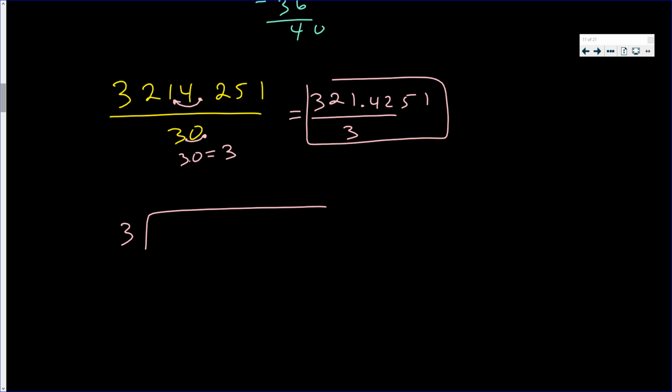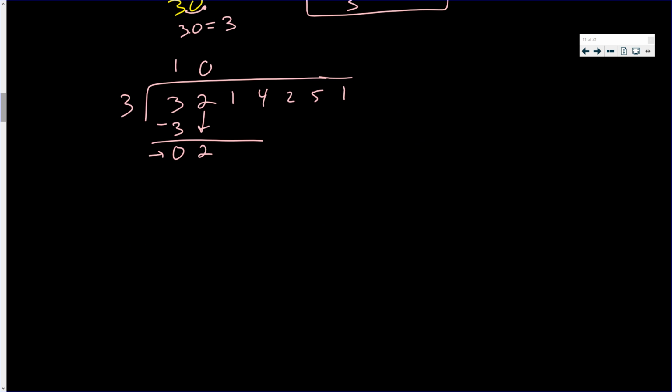3 into 321, and I'm not even going to write the decimal. If it bothers you, don't write it. If it doesn't bother you, write it. 3 goes into 3 one time. You take away a 3, you get 0. Bring down the 2. 3 goes into 2 exactly 0 times. You subtract, you get 2.